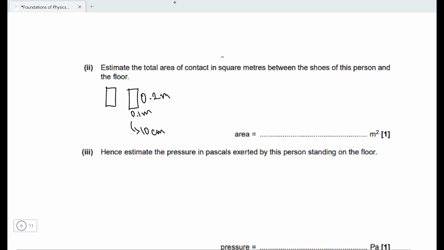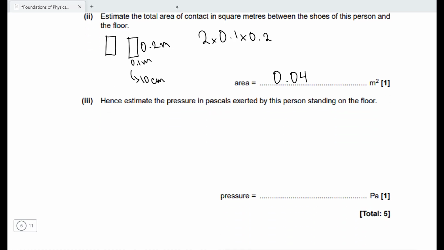What we need to do is multiply those two dimensions. So it's equal to 0.1 times 0.2, but there's two of those shoes, so I'm going to multiply the whole thing by 2, put it on a calculator. I'm going to get 0.04 meters squared.